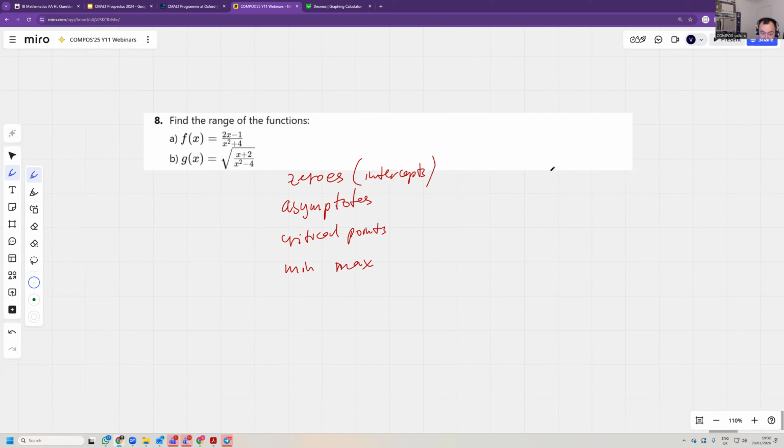So you start building a picture. What you're aiming for is a graph, because looking at the graph it is very easy to tell what the range is, right? Of course, you don't want to draw the graph point by point. That takes a long time. You want to understand the behavior of the function. That's what we are trying to do.